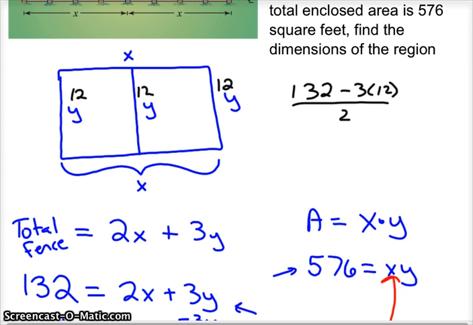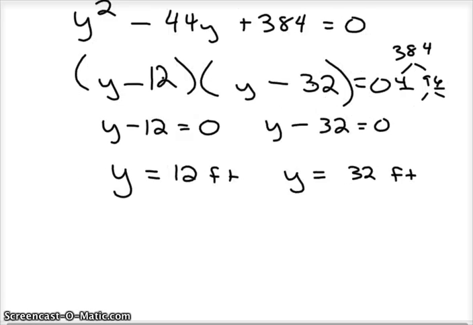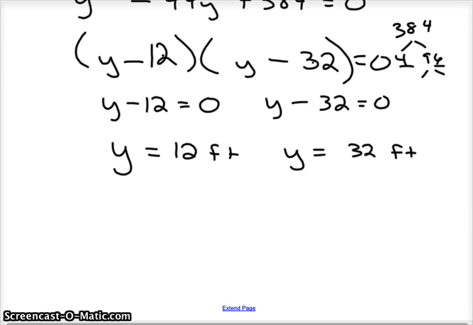And so you can go ahead and figure out both of them. Then you also have to figure in the other answer, which is 32 feet. And so you plug that in as well. And so there's 3 y's. We know there's 132 feet of fencing. And so 12 three times is 36.